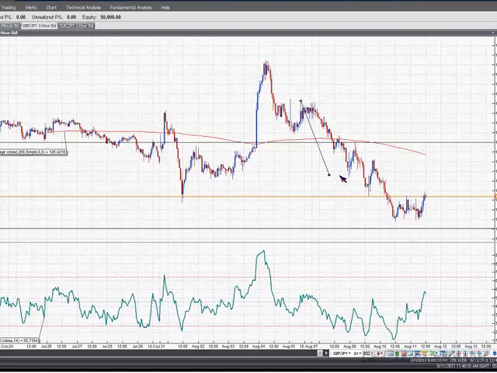This ABC correction. But then I also looked at the 127 level. That was a very important pivot for me, and that was where the 200 moving average was at that time. So broken down, tested 127. Now the market is way back. This is a slingshot back down towards these lows here, just above or just near 123.